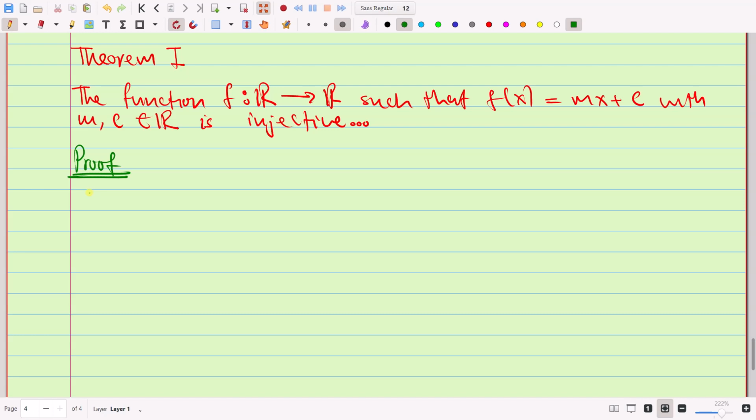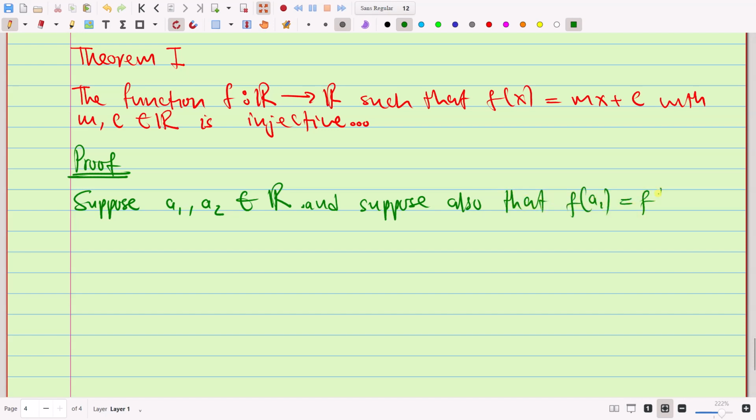Suppose A1 and A2 are elements of real numbers. Let's suppose that A1 and A2 are just some elements, and suppose also that f of A1 is equal to f of A2.